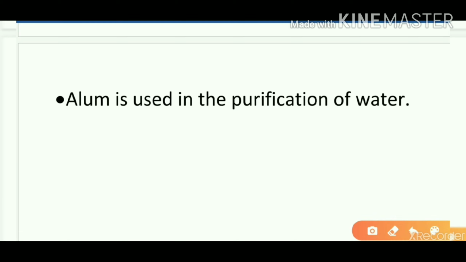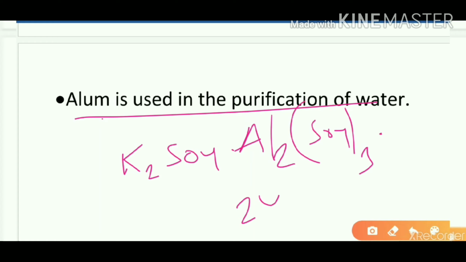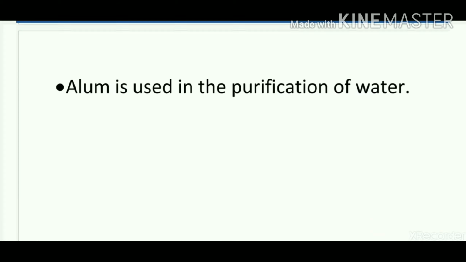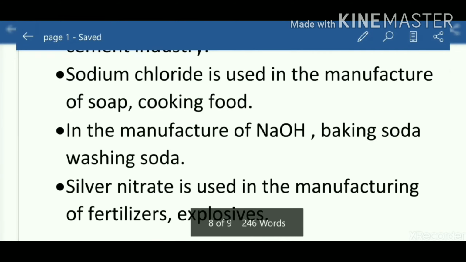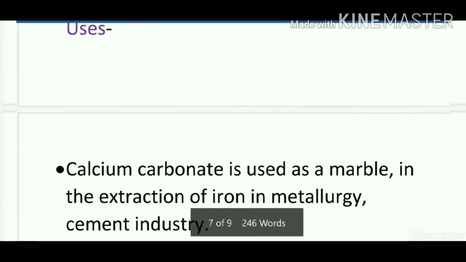We have seen the compound alum, that is K2SO4 dot Al2(SO4) whole thrice, and there were 24 water molecules in the alum formula. So alum is used in the purification of water. In this way we have seen the salt topic. In the upcoming classes we will study the different types of compounds in a detailed way.